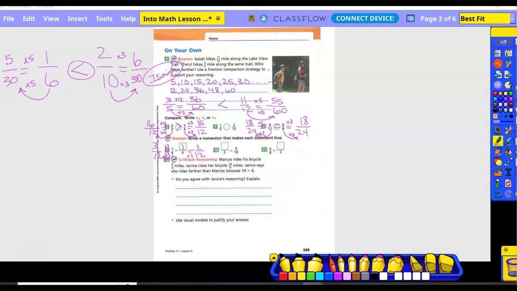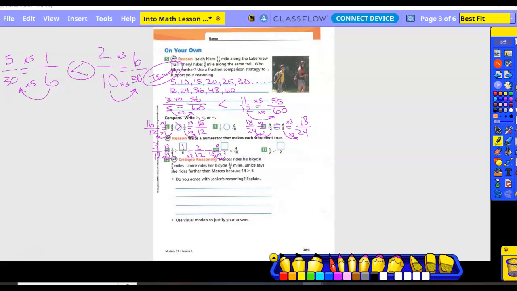Okay, next one, we have 4 tenths, and then I have 5 in the denominator. Do I need to change both? No. Okay, so I'm going to say 10, right? How did I get from 5 to 10? What I do on the bottom, I do on the top. And this needs to be less than 4.